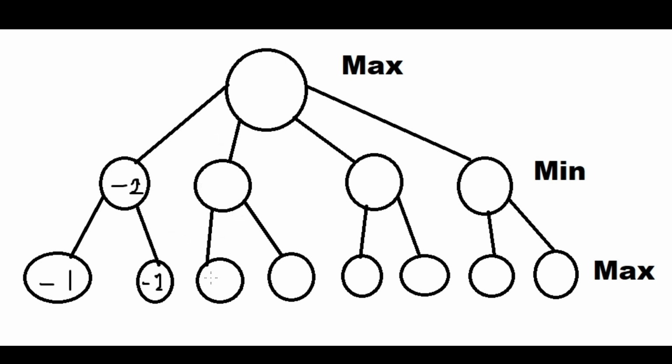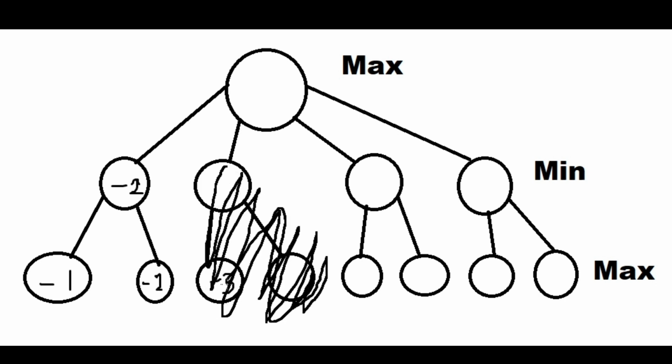And let's say we have -3 right here. Well, we know that from right here, we're going to try to go for the max. So we're never going to go down a branch that's going to give us a -3. So we can just prune this, which is called alpha-beta pruning. Now let's say we have a 2 here, and we're going to have to evaluate this one, so let's say it's a 3.